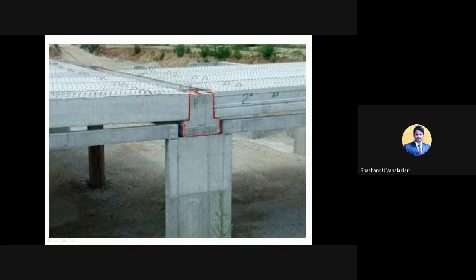Like these particular slabs, which rest on the inverted T beam sections, on top of this portion, are going to take certain loads, and this entire load is transferred to the column here.